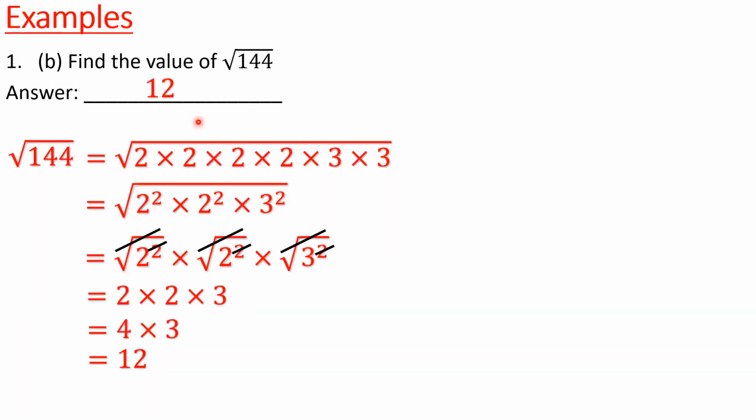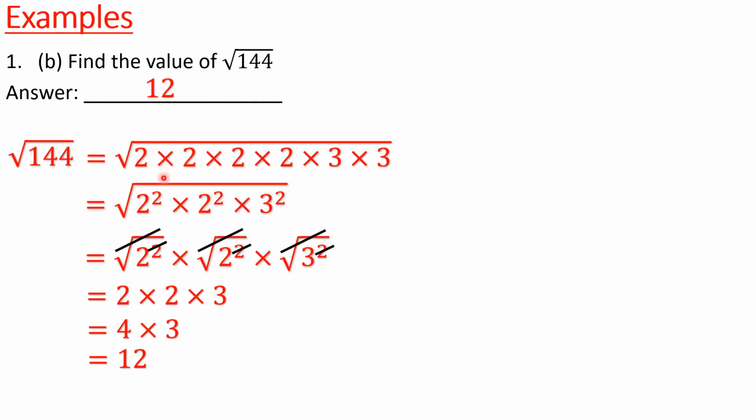I think Joseph asked the question, like, Mr. Petit, how can you figure out the square root of certain numbers if you don't remember them? This is a way. I mean, this is long. I wouldn't recommend this way because, like I said, it's better to memorize them. But this is a way to demonstrate that the square root of 144 is indeed 12. Because what did we do? We iterated its prime factorization.